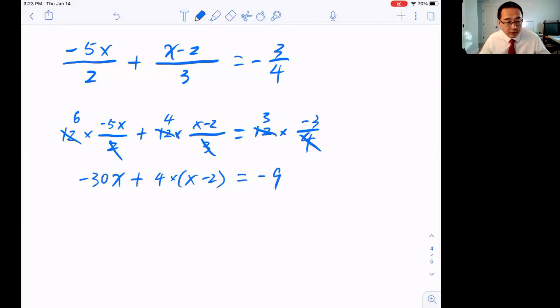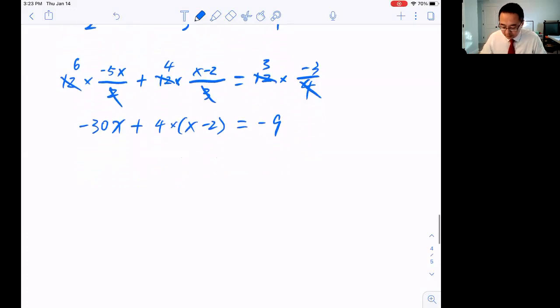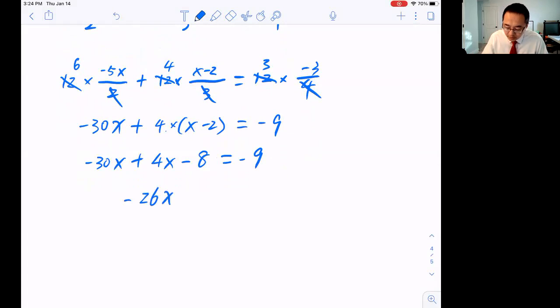Okay. If you have a question, like I said, please ask. Don't just let this pass you. Okay, so now you have negative 30x plus 4 times x is 4x, minus 4 times 2, which is 8, equals negative 9. So then that equals negative 26x, and you add 8 to both sides, right?